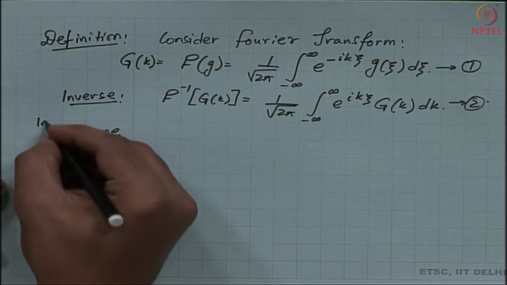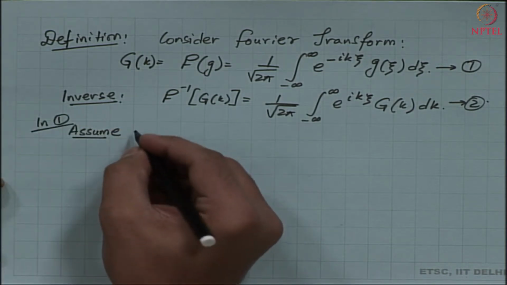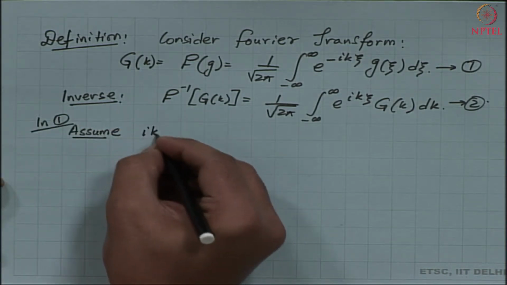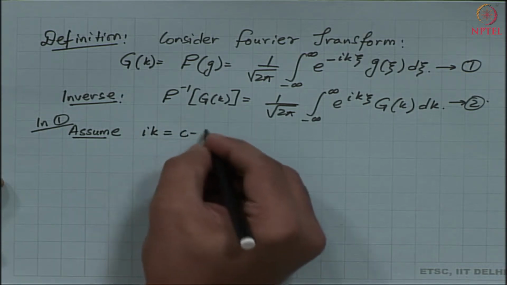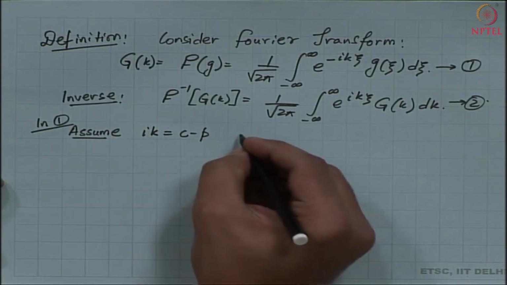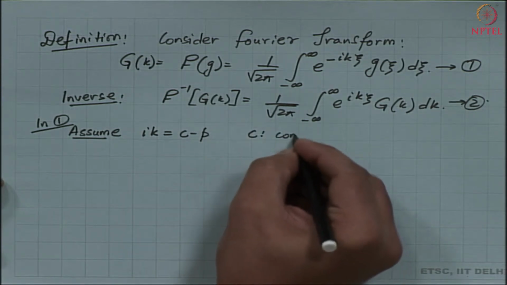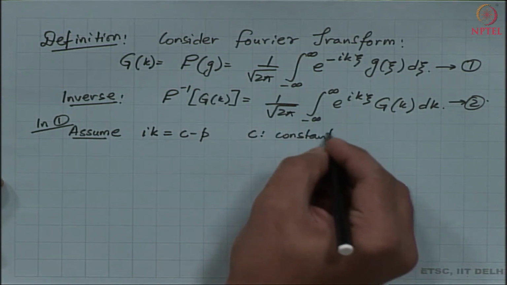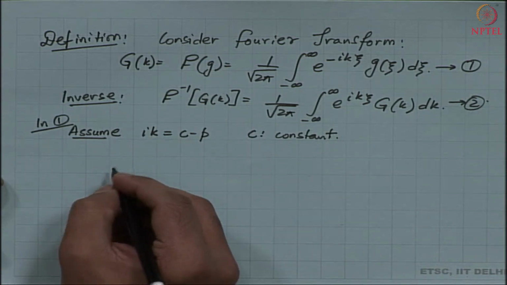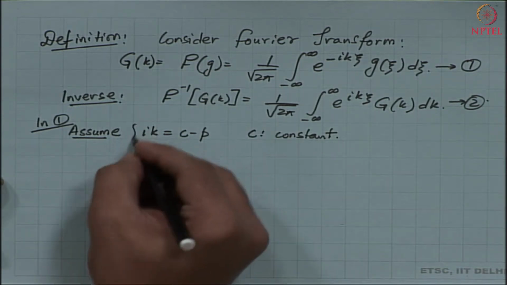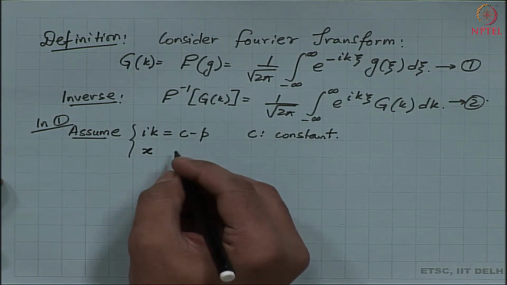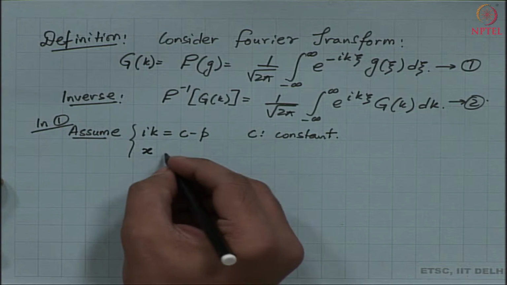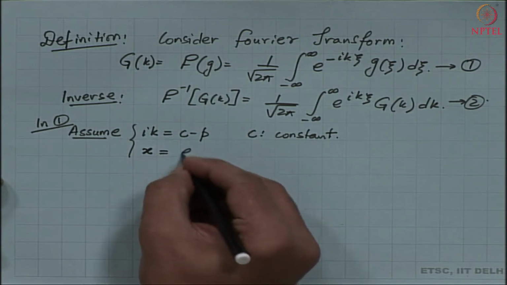So, in 1 I am going to assume that my variable i k is c minus p. Let us say my c is a constant. Further, I am going to assume that my variable x, that is the integration variable x, is e to the power zeta.